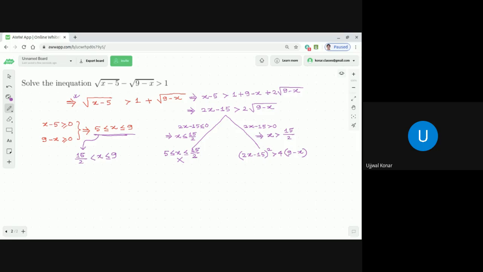We need to solve these inequations, so we can simplify further. 2x minus 15 whole square, and you get an inequation.